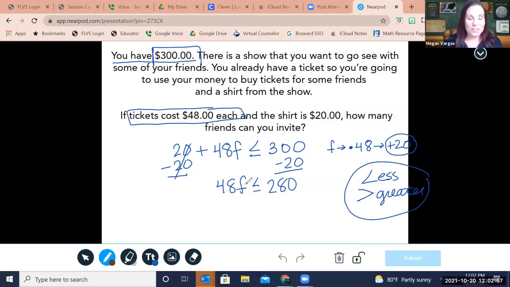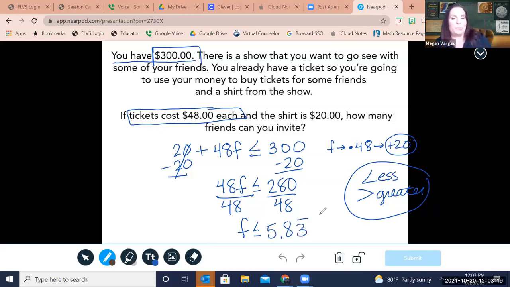All right, so now I need to divide, right? I don't think this goes in evenly. So let's see what we get. $280 divided by 48. Ooh, I got 5.83333333333.